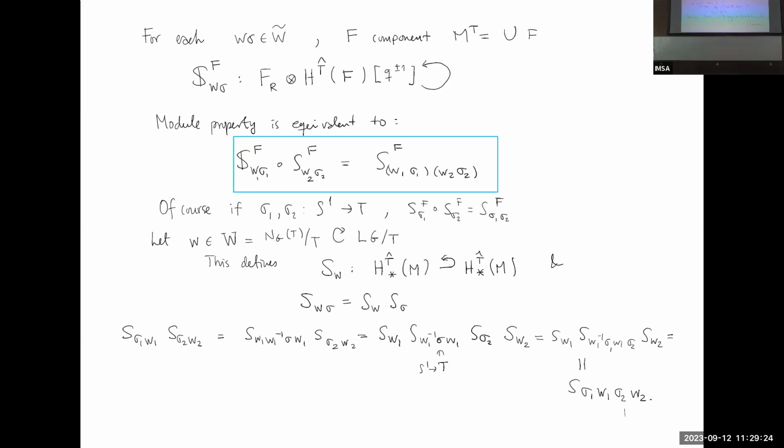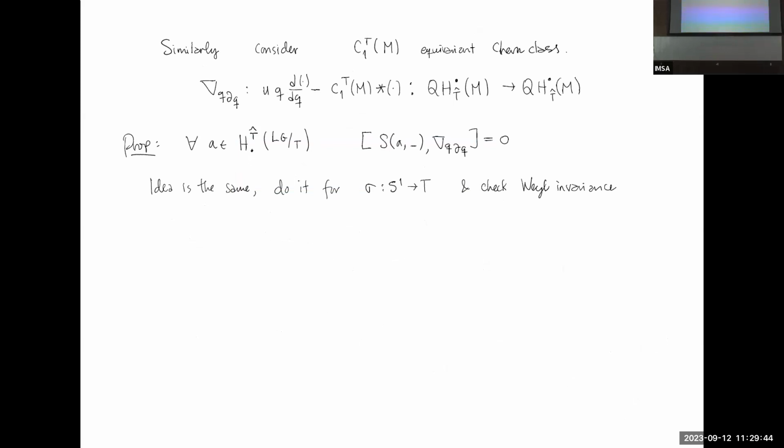So the moral of the story is that, very similar to what happens whenever you want to compute equivariant homology with respect to the group G, you look into the invariants of the equivariant homology of T, this is the same situation here for the operation. And that's what happens. And so we can also prove the commutation with the quantum connection.